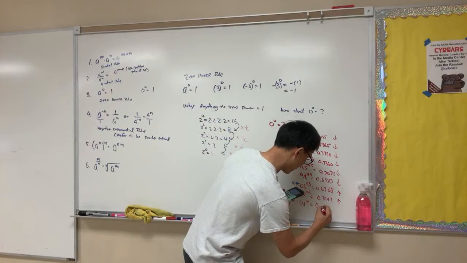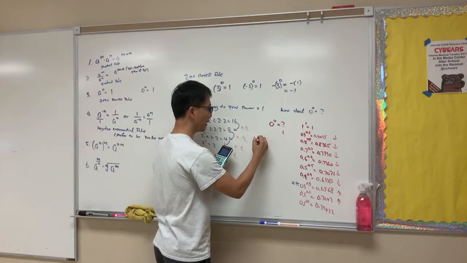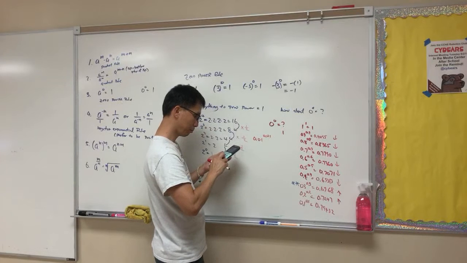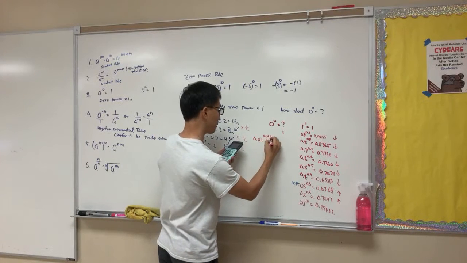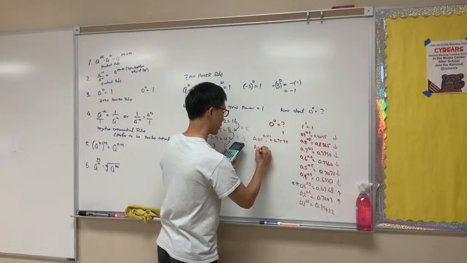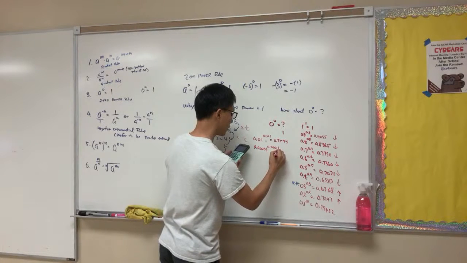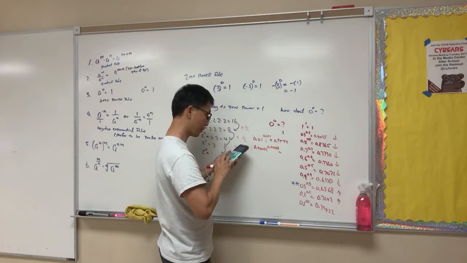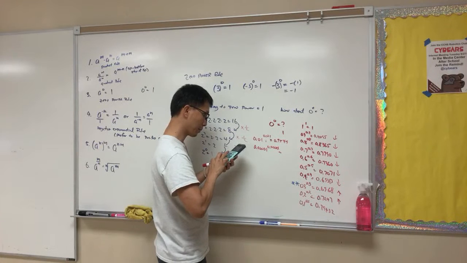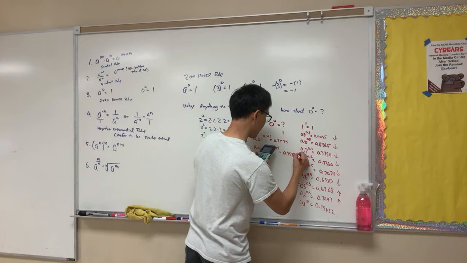So 0.79432. Now we're going to go to 0.1 to the 0.01, equal to 0.9549. 0.00001 to the 0.00001 is 0.99988.